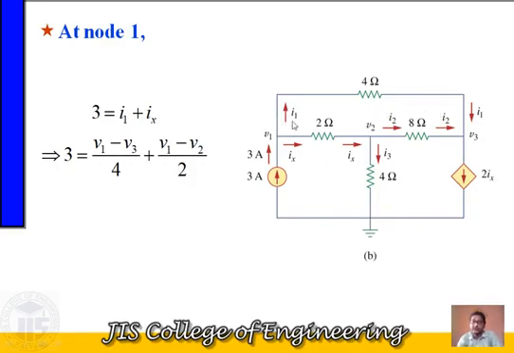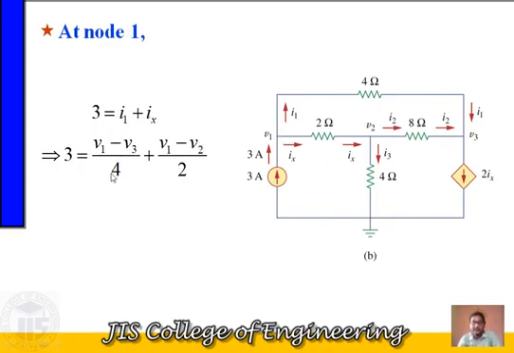So in place of I1 we can write the potential difference divided by resistance, that is V1 minus V3 divided by 4. So look over here, 3 ampere equals I1, and in place of I1 we can write V1 minus V3 divided by 4.